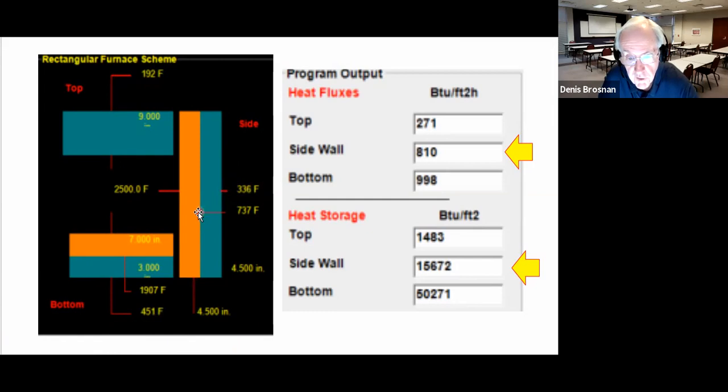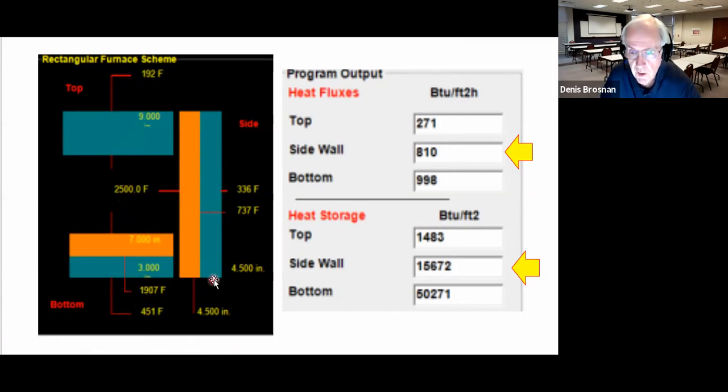It gives you an interface between the interior layer and the outside layer. It's going to give you the inside furnace temperature. It tells you something about the thickness of the material that you've chosen, and you'll see the hearth temperature typically always higher than any of the other temperatures, and of course the crown exterior temperature.